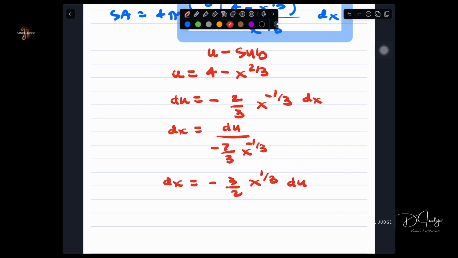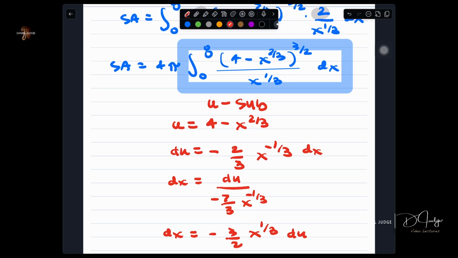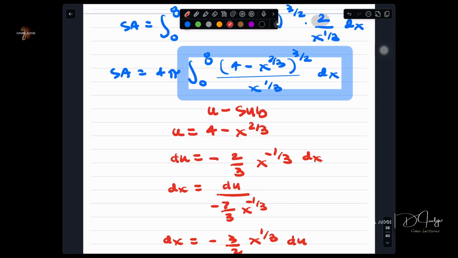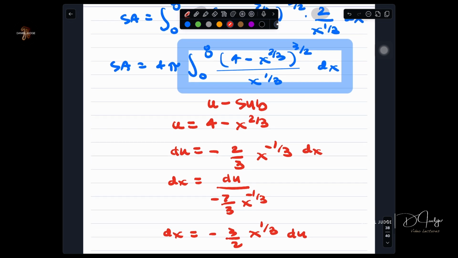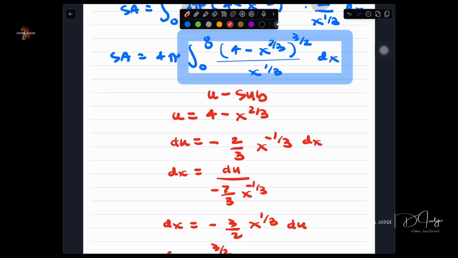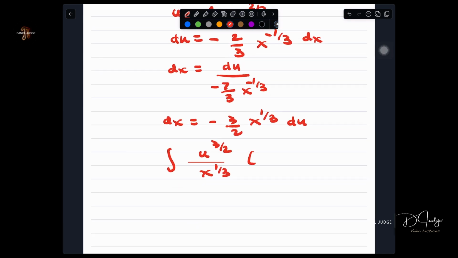So let's double check that that's the case. In red, this integral is going to be u to the 3/2 power over x to the 1/3, and dx will be negative 3/2 x to the 1/3 du.